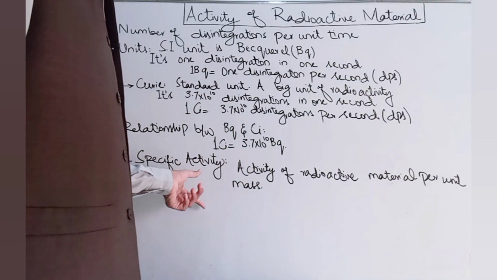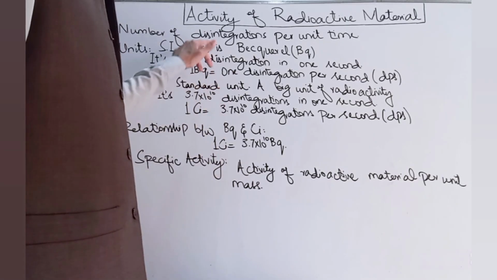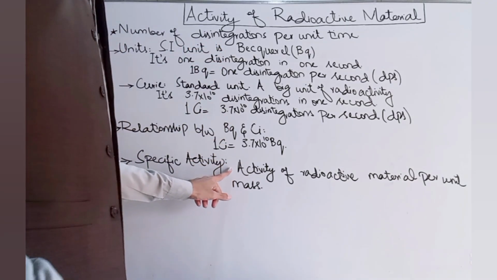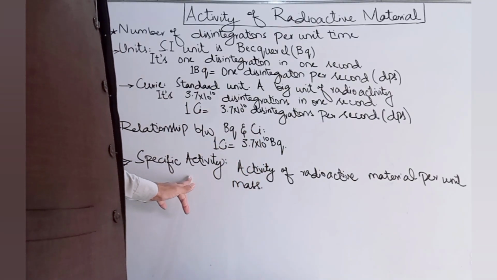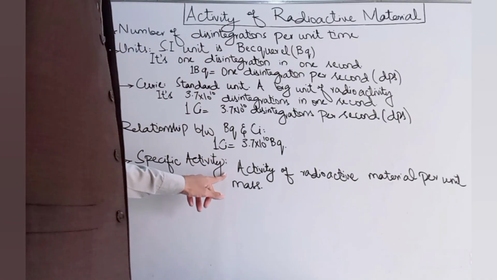Activity is per unit time, while specific activity is per unit mass. So the basic difference is that the factor of time is replaced by mass.